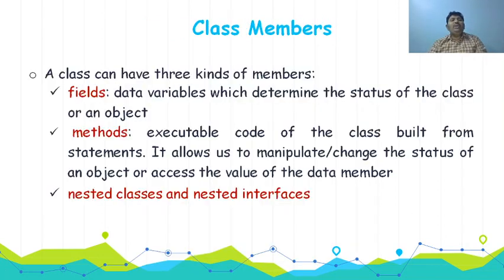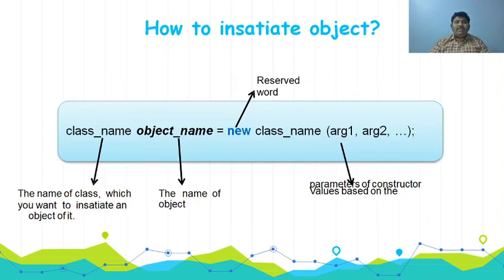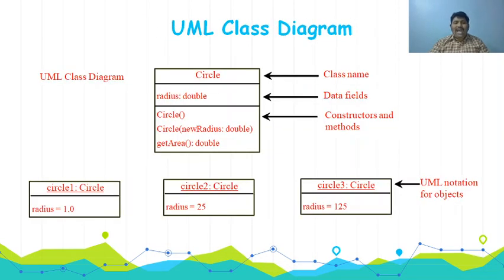We can represent this class pictorially, like a program can be represented by using a flowchart. In Java, the classes will be represented by this kind of UML diagram. The first part represents your class name, the second your data fields, and the third your methods.